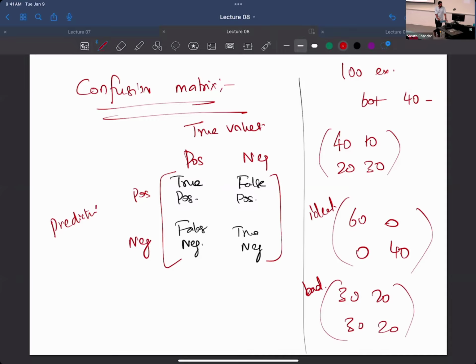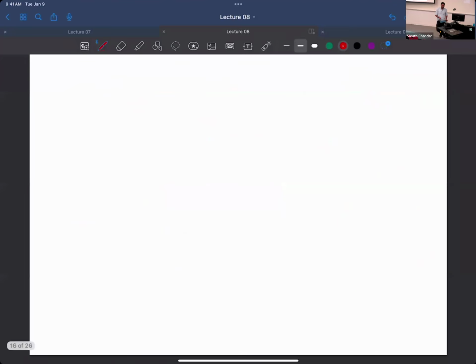Is it clear? Okay, so now using this confusion matrix, we are going to come up with new evaluation metrics for classification. We're going to talk about two important evaluation metrics that are very common. One is called precision, the other one is called recall. Let me write the confusion matrix here: true positive, false negative, true negative.